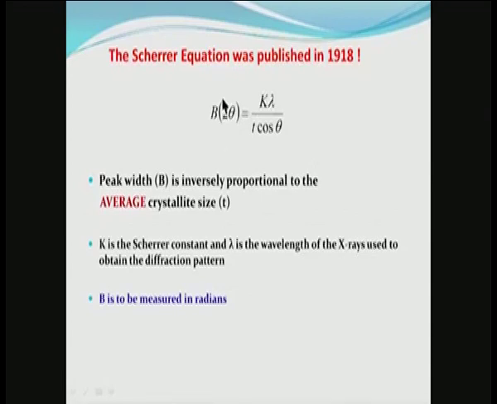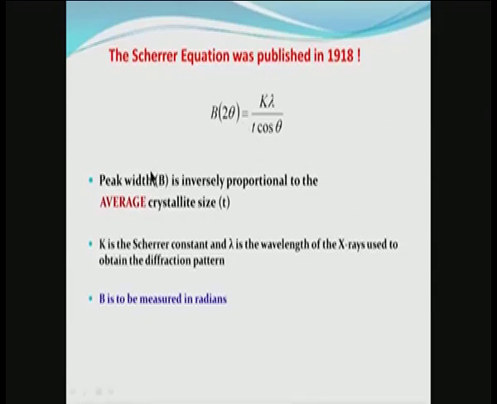B is the width of the peak, K is a so called Scherrer constant, lambda is the X-ray wavelength, and theta is the angle involved in X-ray diffraction from the pattern. And so, if you know lambda, which is the incident X-ray wavelength, if you know theta and B, that is the width of the peak, then you can measure T, which is the size of the crystal that is represented by the X-ray diffraction pattern.